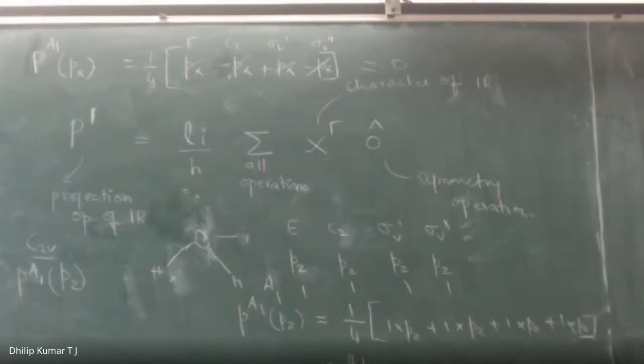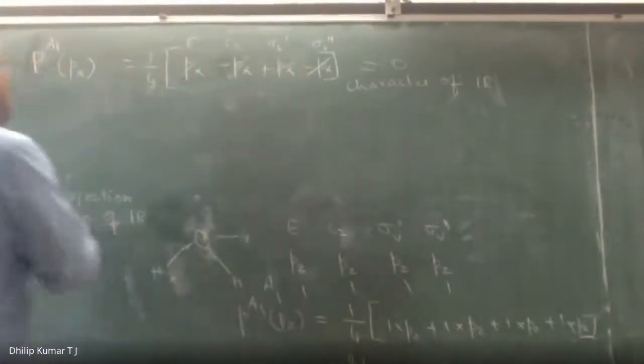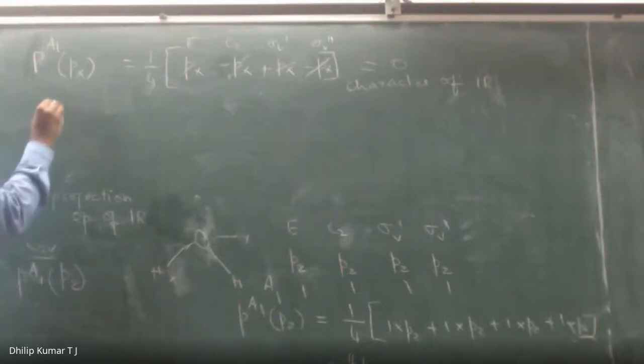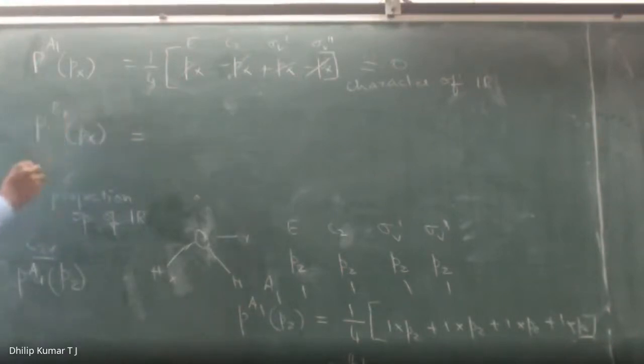Similarly, you can find it out for B1 symmetry. Can you try and tell me what it is for B1 symmetry? The projection of the px orbital with B1 symmetry.